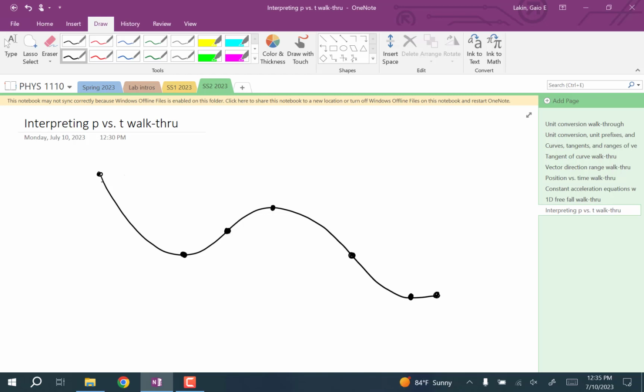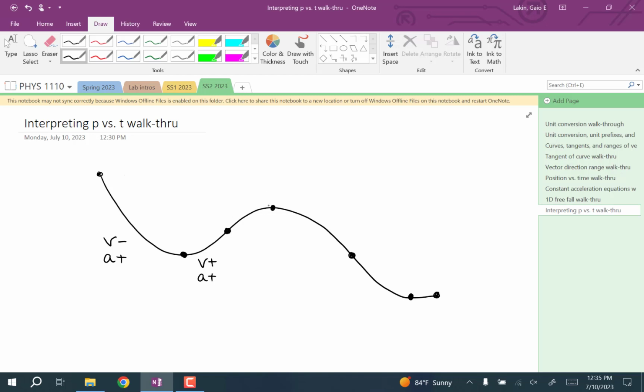The slopes of the tangents are negative between these first 2. So here we have a negative velocity. It's concave up, so we have a positive acceleration. Between these 2, we have a positive velocity and a positive acceleration because it's concave up.